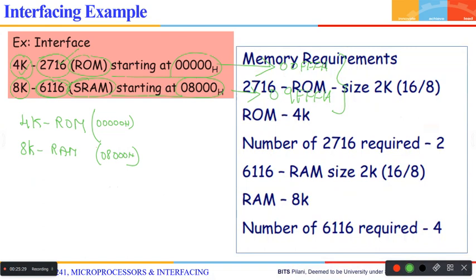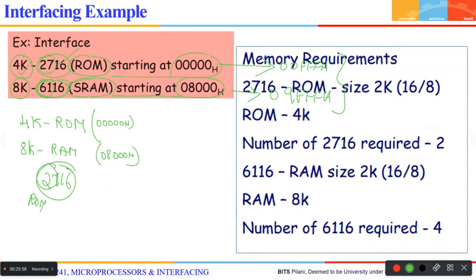Always remember, if the number 27 comes in the beginning, it is actually a ROM chip. If the number is 61, it is a RAM chip. How do you find out the size of the chip? Suppose the memory chip given is 2716. With the first two numbers, you say it is ROM. What is the size?